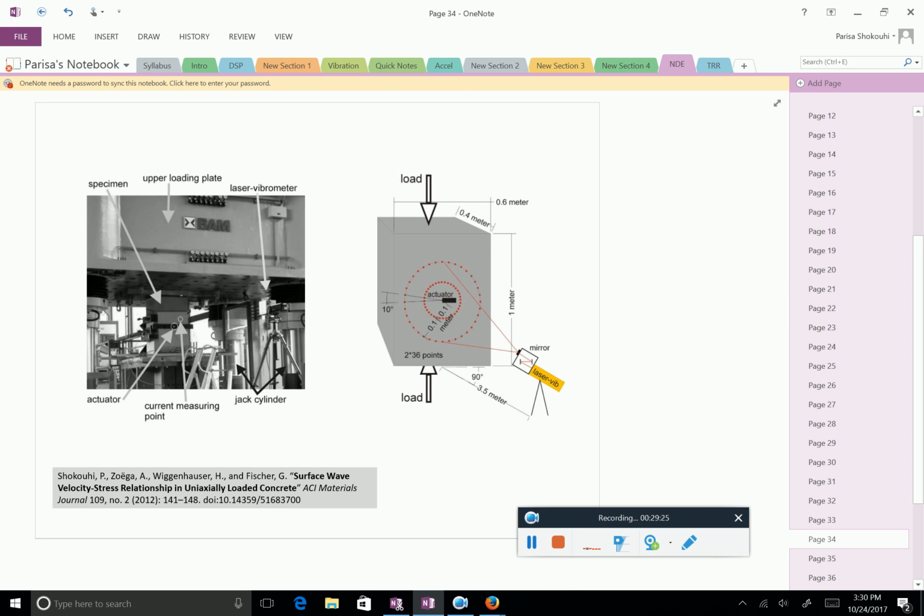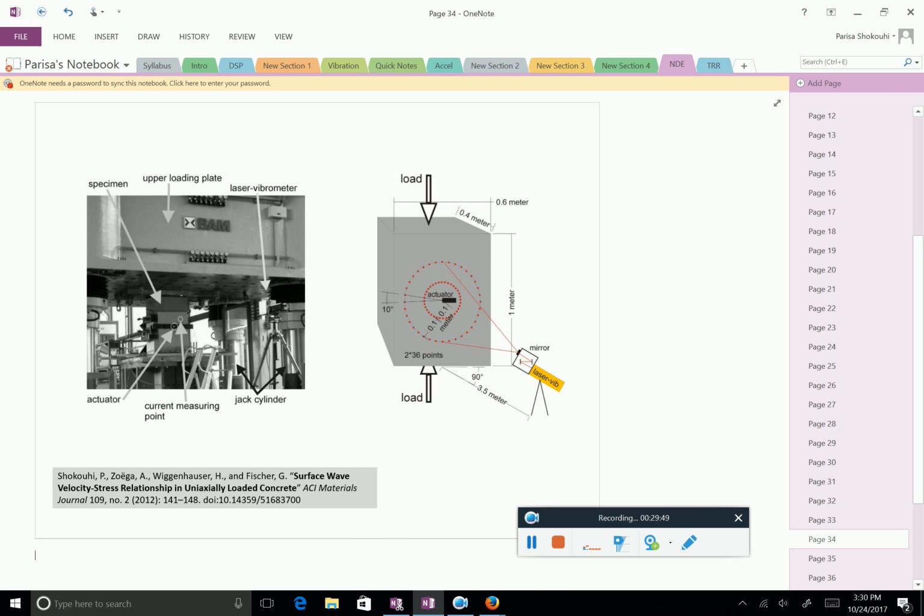This is an experiment where we didn't measure bulk wave, we measured surface wave on the surface. This gave us the opportunity to look at how the velocity is changing at different angles with respect to the load. So to really look at every 10 degrees.